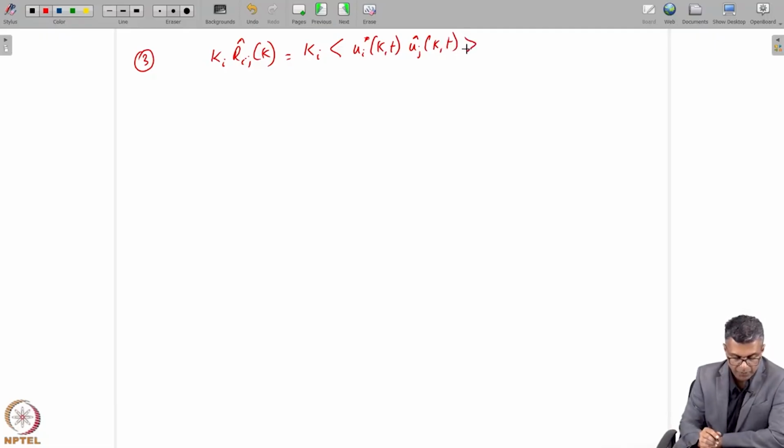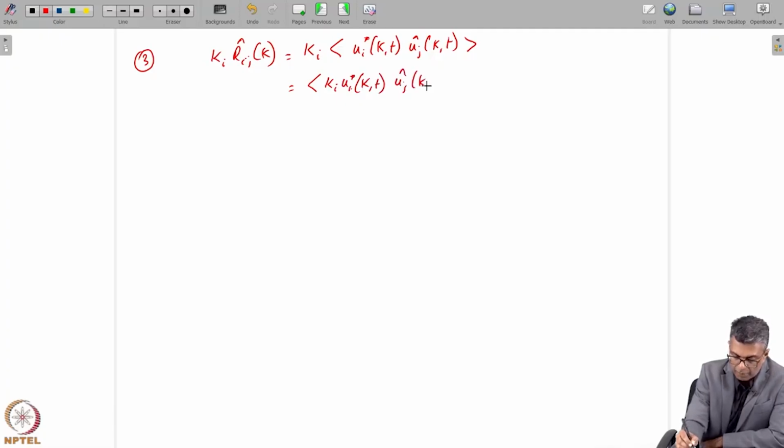Covariance close. If I take kappa i inside, what I have is kappa i Ui star of kappa comma t, and then Uj hat of kappa comma t. Now this is the conjugate, so this becomes kappa i Ui hat of minus kappa comma t, by definition of the conjugate, and then Uj hat of kappa comma t.